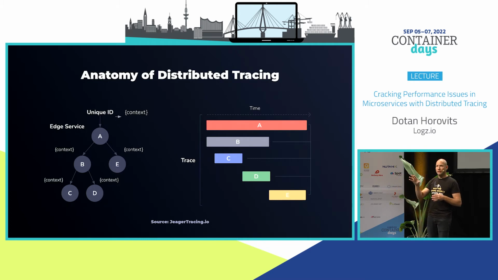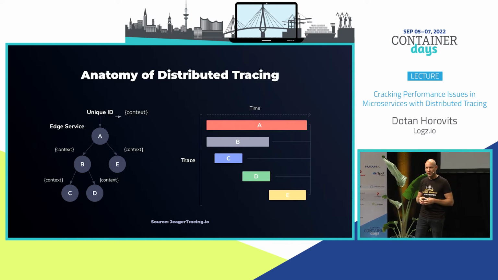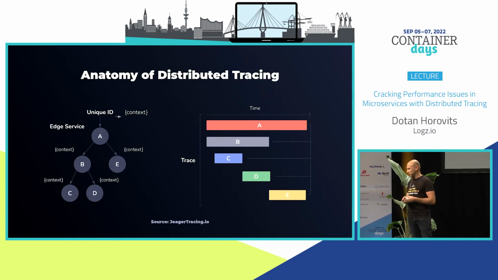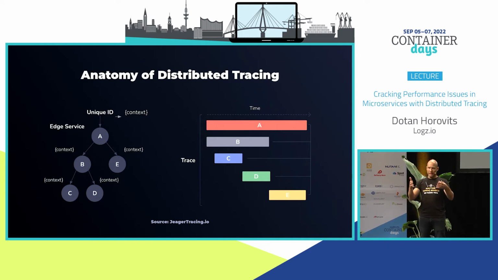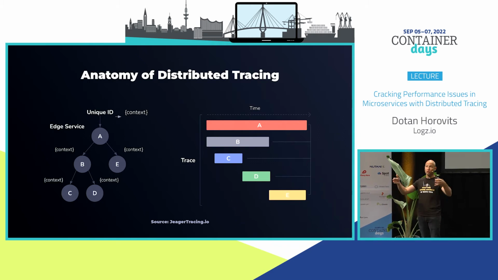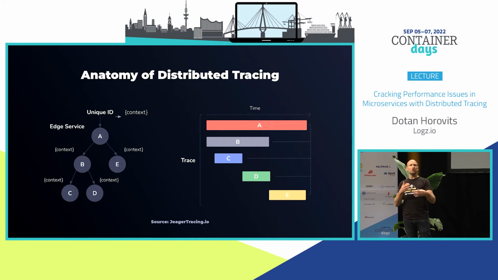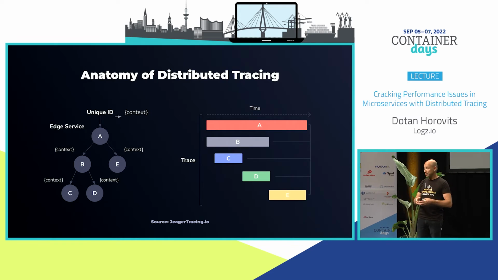A span is a single operation within the trace of a specific microservice. The span has its name, the service name, the operation name. It has the start time, the duration of the span, how much time it took to execute, and additional information: tags. It can have contextualized logs and more things on it as baggage.